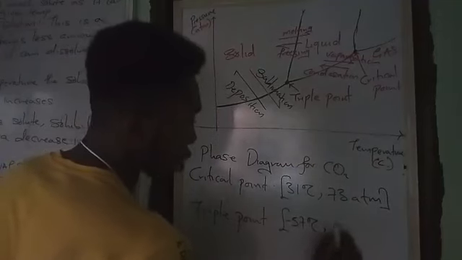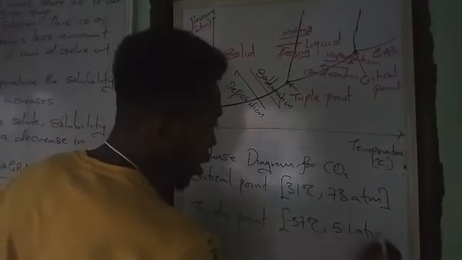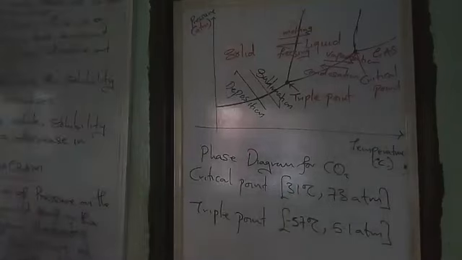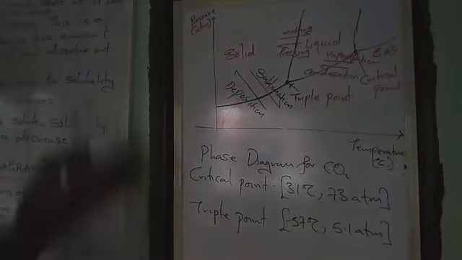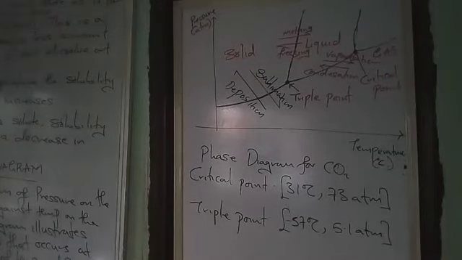Minus 57 degrees Celsius and 5.1 atmospheres. Those are important points you must take note of when you're talking about the phase diagram for CO2. Very, very important.